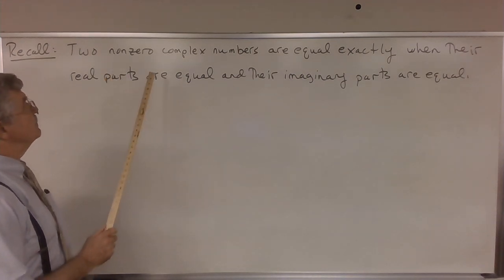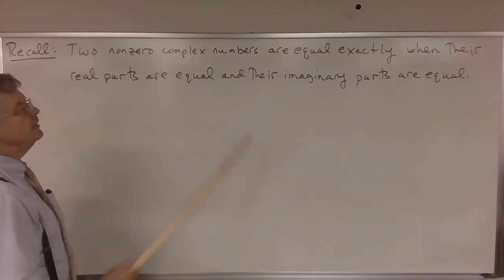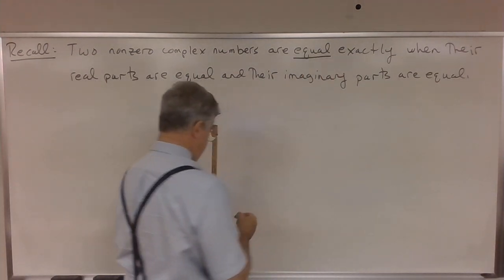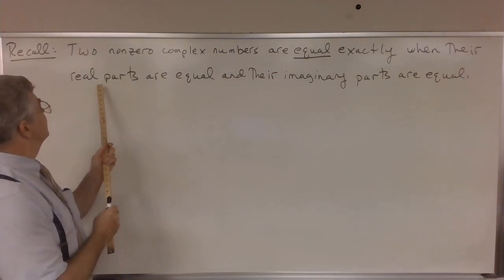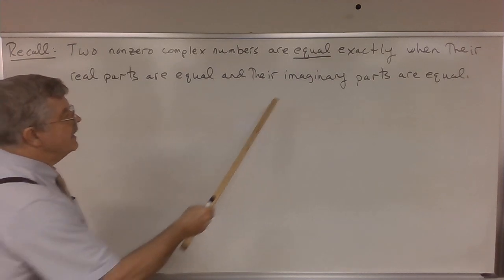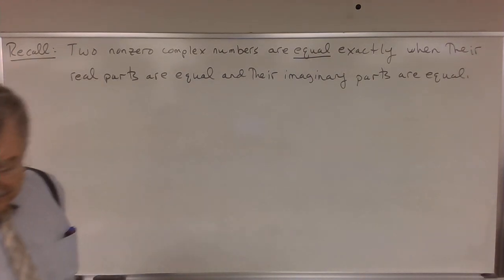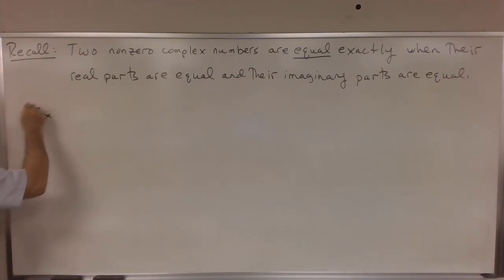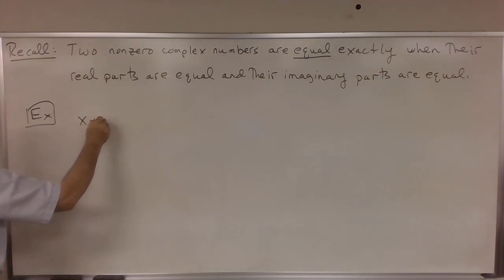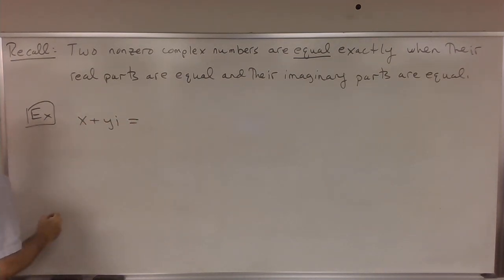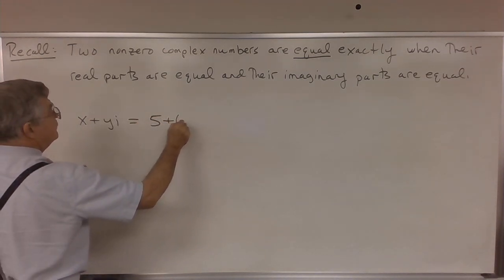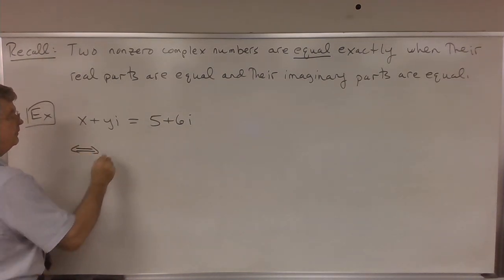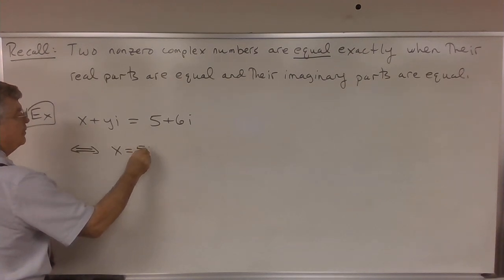We have this statement. Two non-zero complex numbers are equal exactly when their real parts are equal and their imaginary parts are equal. So, for example, we have x plus yi, and that's equal to 5 plus 6i. That means that x has to equal 5.